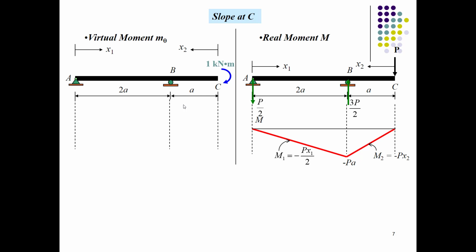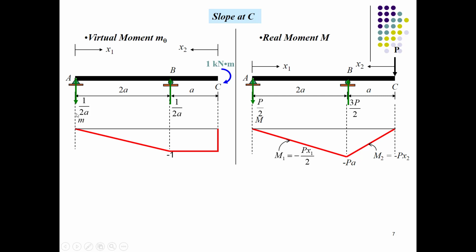So here we go. There is a reaction of 1 over 2a, and 1 over 2a in the opposite direction. You will draw the moment diagram. To cross-check your moment values, you can draw the shear force diagram, or simply take a section at point B and see what the moment value is.